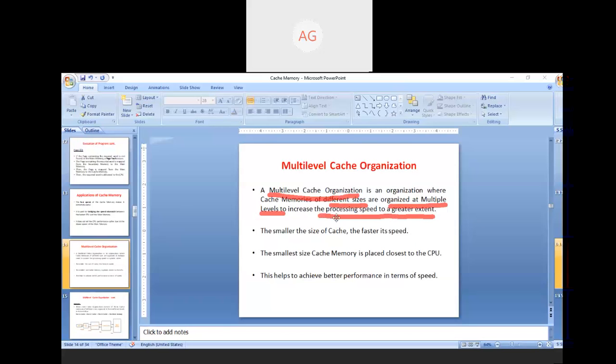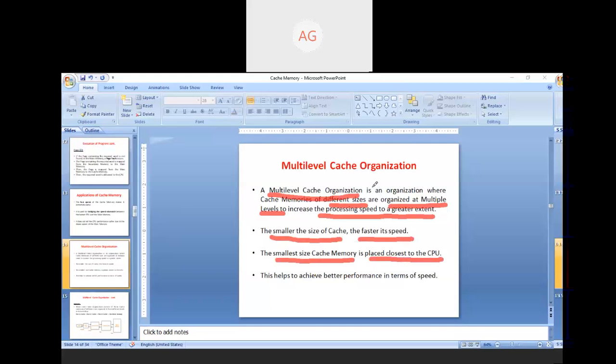The smaller the size of the cache, the faster its speed. The smallest size cache memory is placed closest to the CPU.